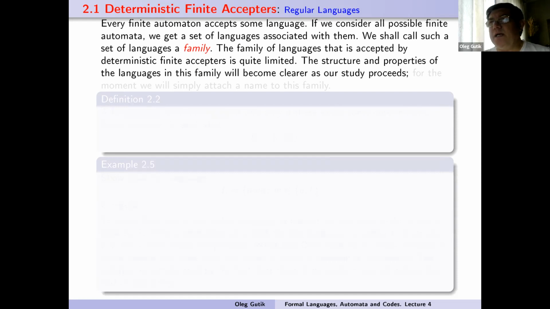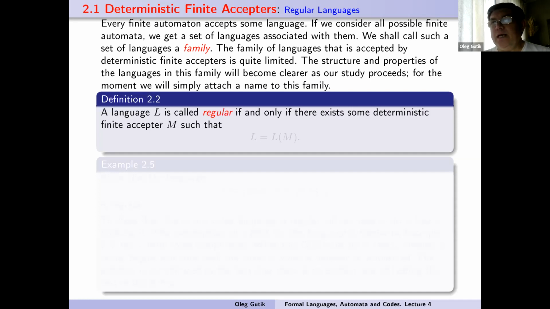The structure and properties of the languages in this family will become clearer as our study proceeds. For the moment, we shall simply attach a name to this family.